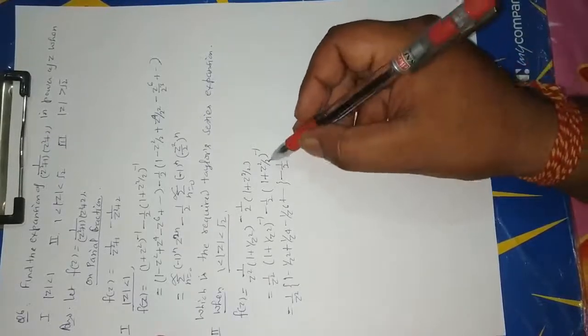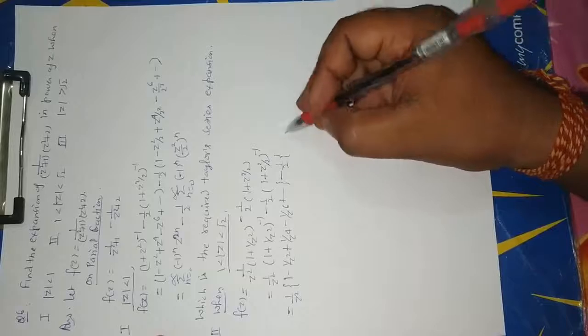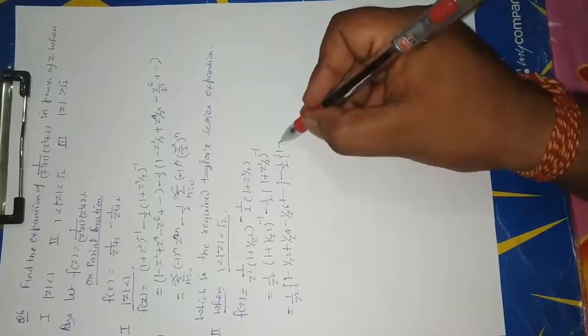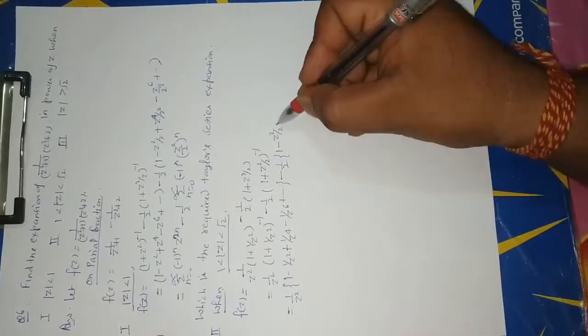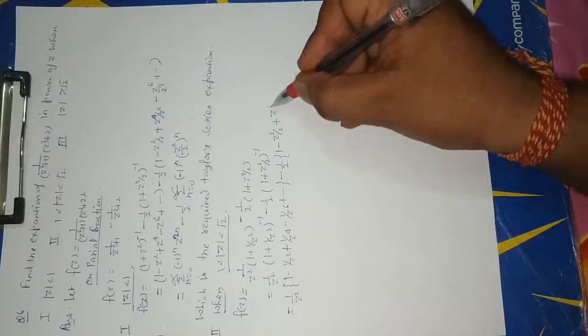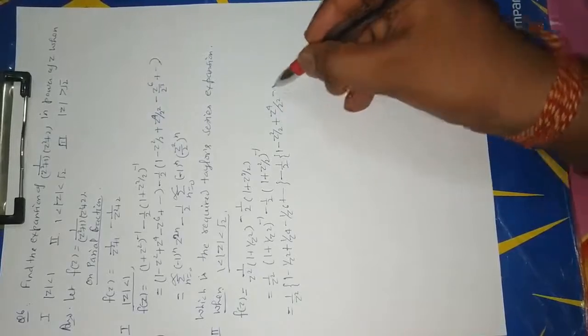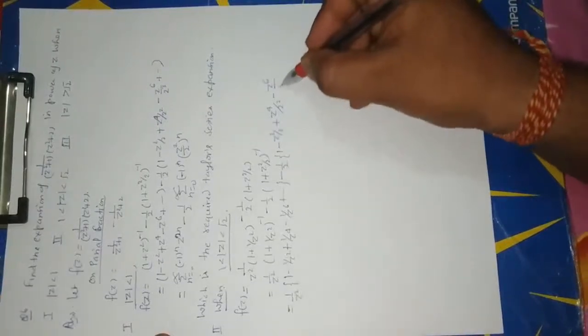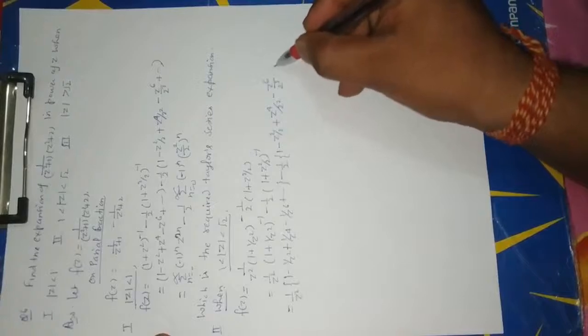Expand the same by binomial theorem: 1 minus z square by 2 plus z to the power 4 upon 2 square minus z to the power 6 upon 2 to the power 3 plus up to.